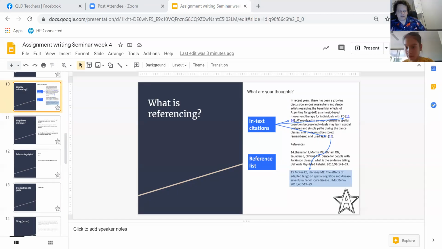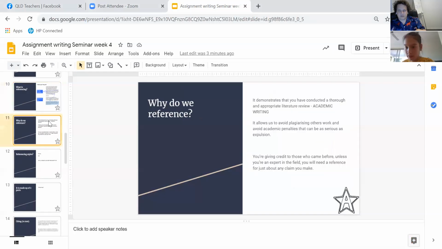So we have two parts. Actually, I think there's 3, but we'll get to them. The in-text citations, which link to the reference list. Some styles will use author, name, and date. Others will use the number in the reference list.